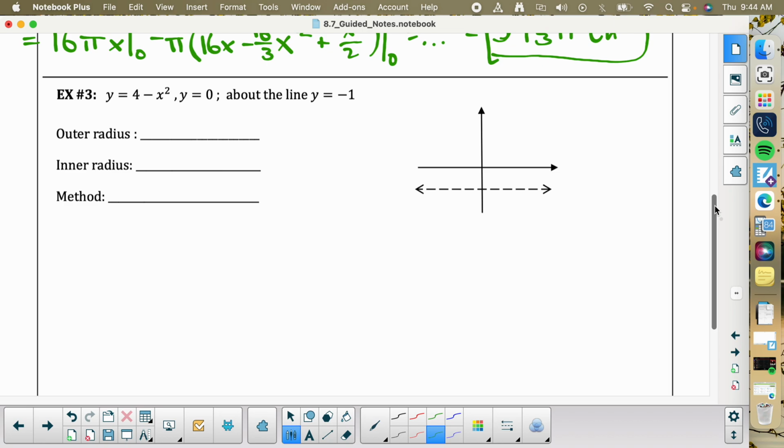Wait, I have a question. This one, since it's a parabola, do you just do the thing where you always have the graph? The lines that they give you should create a single enclosed area.